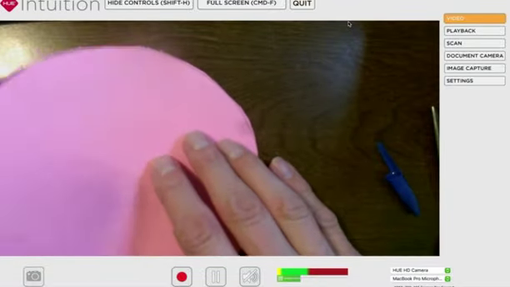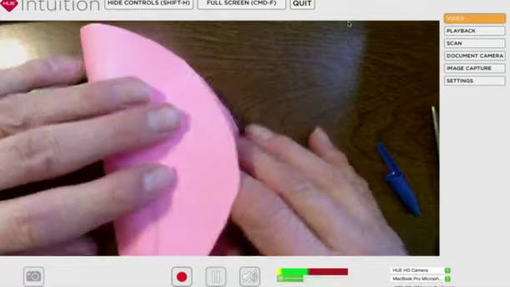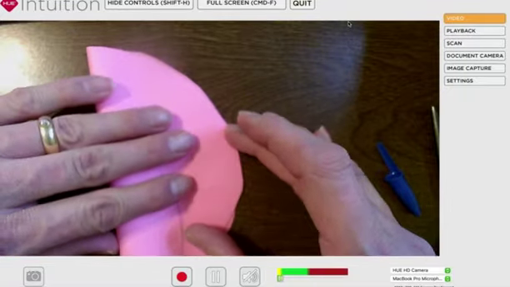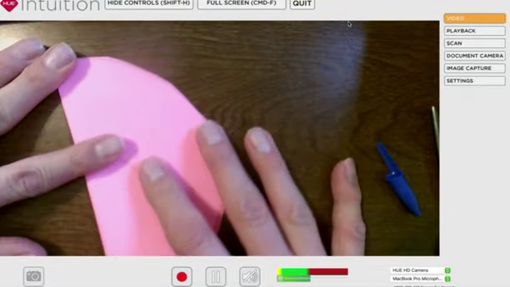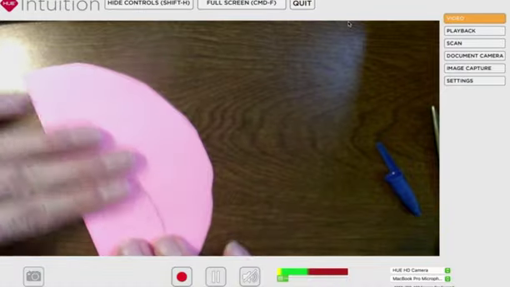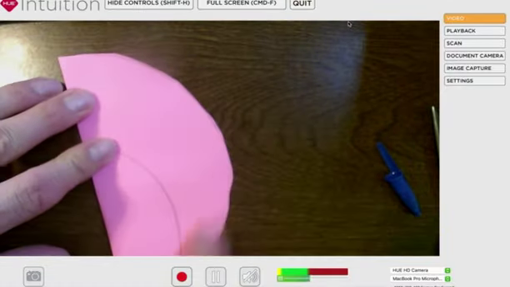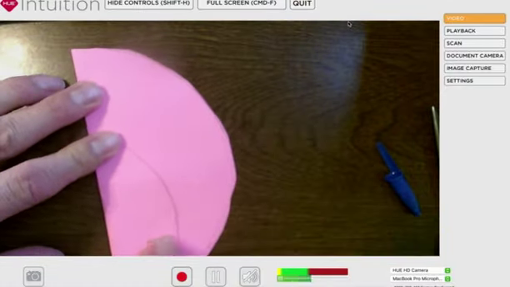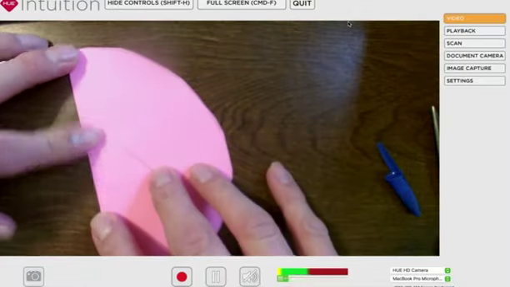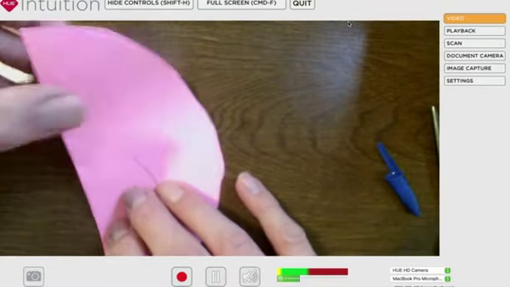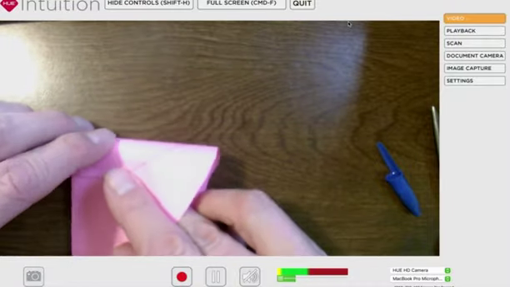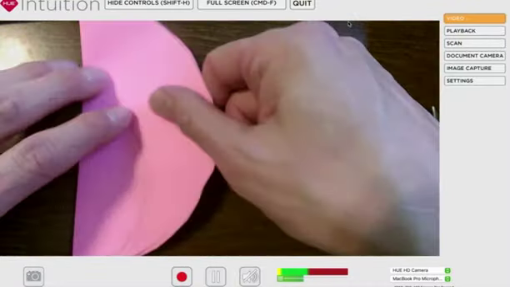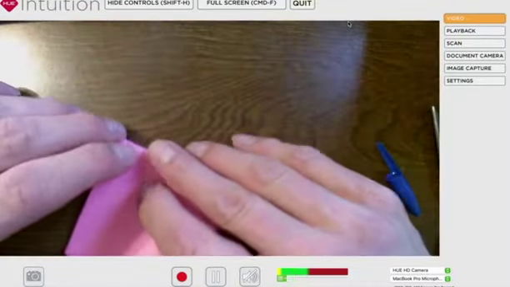Let's just take our circle and fold it in half. If it's not perfect, it's not perfect, because regardless of how ugly the outside of your circle is, the 90-degree part, the right angle part, should still work. So let's fold it in half again. We fold it in half once and then fold it in half again.